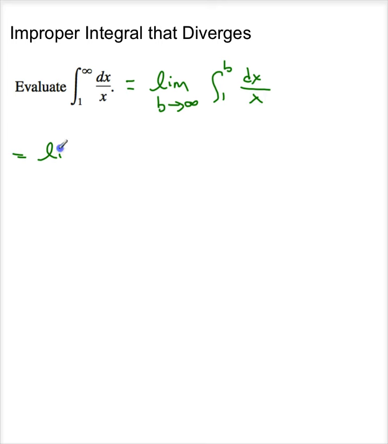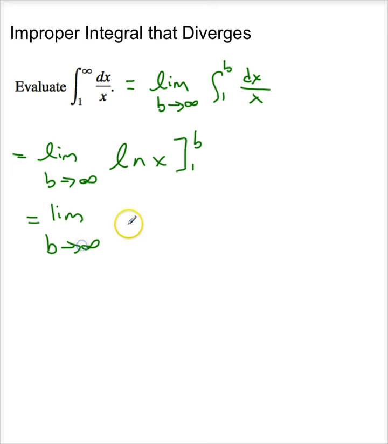The integral of dx over x is natural log of x evaluated at 1 and b. So this is the limit as b approaches infinity of the natural log of b minus the natural log of 1. And this, of course, is positive infinity. So this diverges.